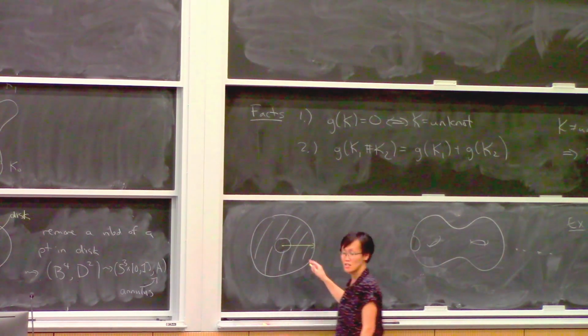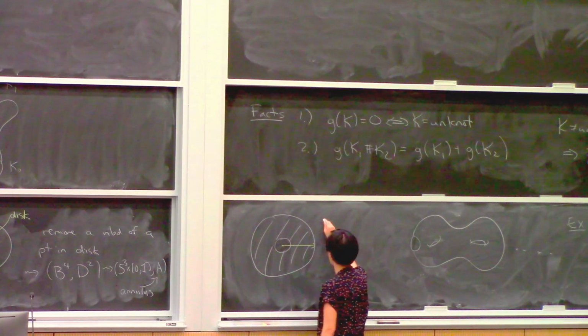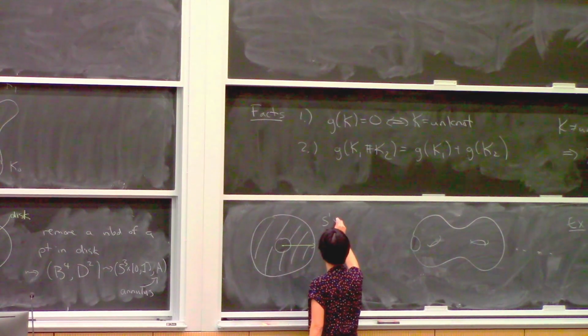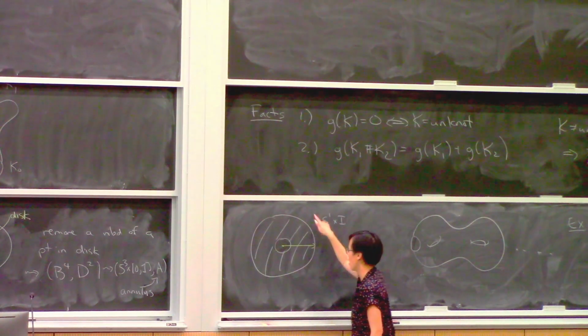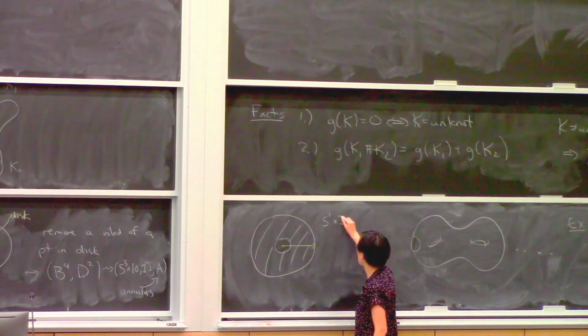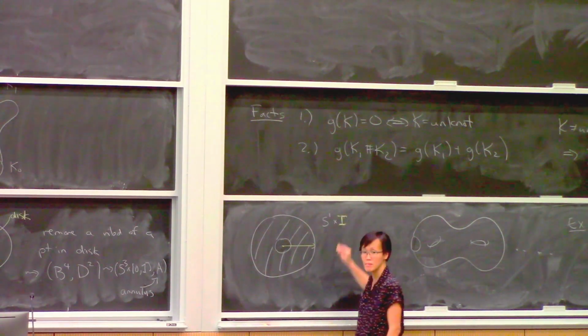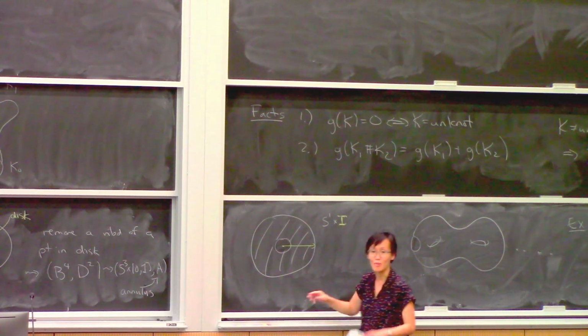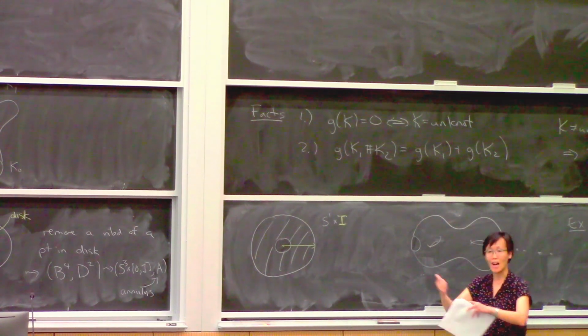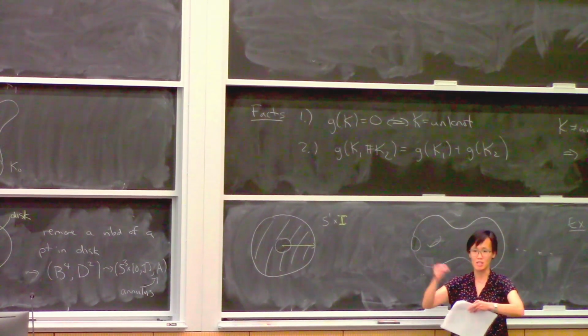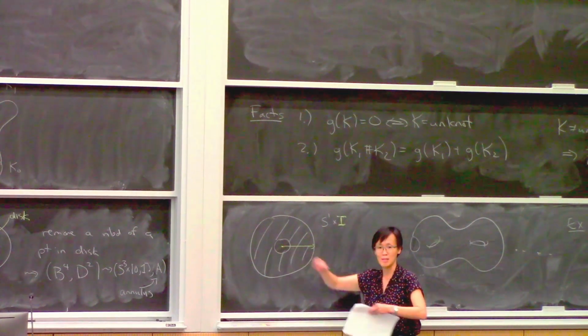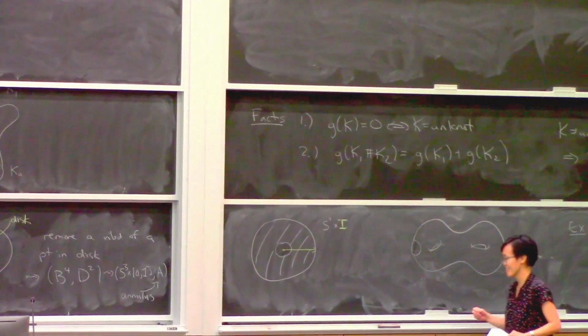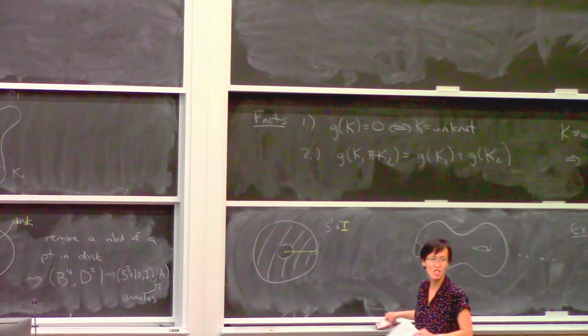What's left is S1 cross I, where here's S1, and the I direction is in yellow. And so now you can do the same thing with the basketball, where the I direction is going to be the radial direction, like the direction coming from the center out to the end. Other questions?